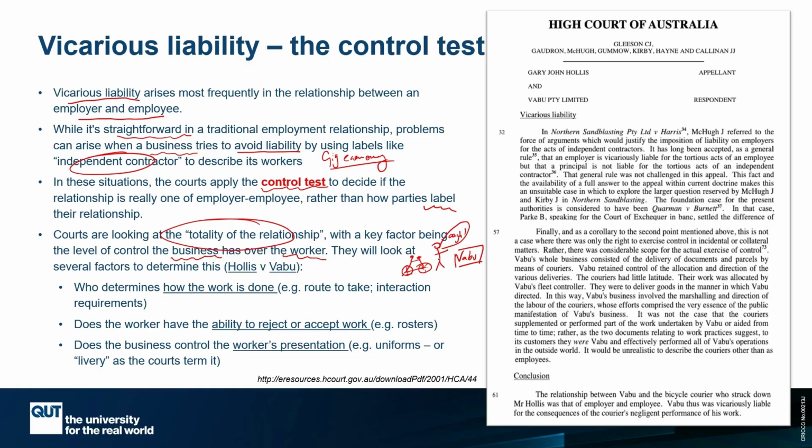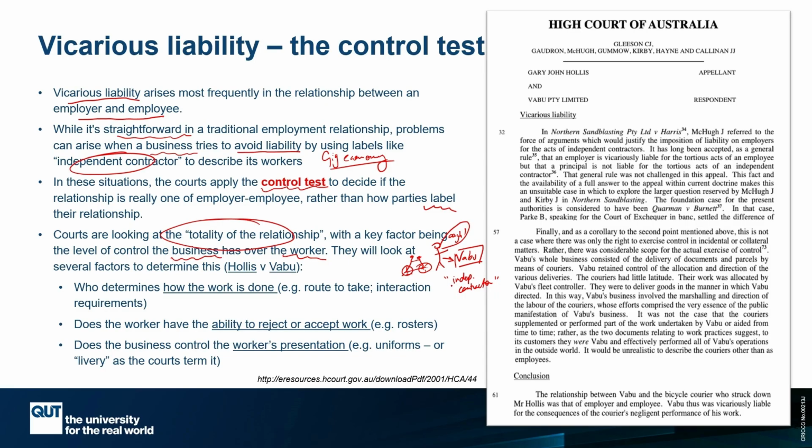The individual who suffered some harm because of the carelessness of the bicycle rider then took action against the company that the bicycle courier worked for. But Vabu said that their bicycle riders were independent contractors, not employees, and therefore they weren't vicariously liable.